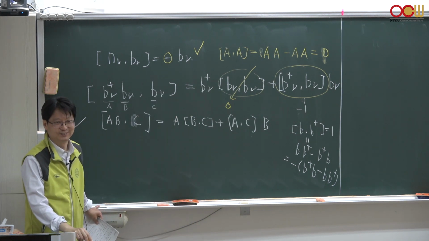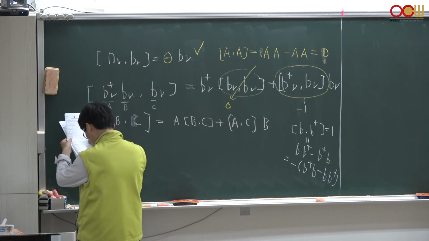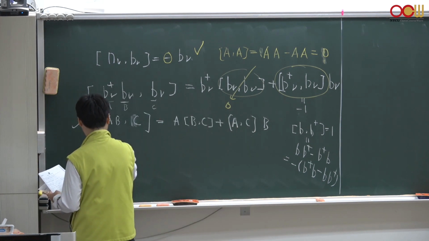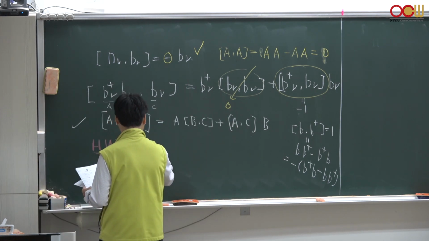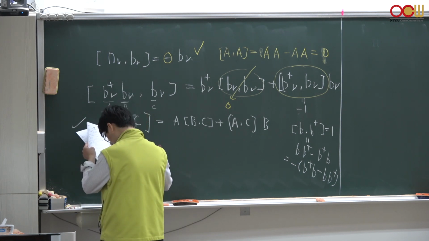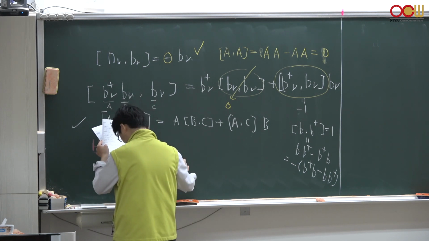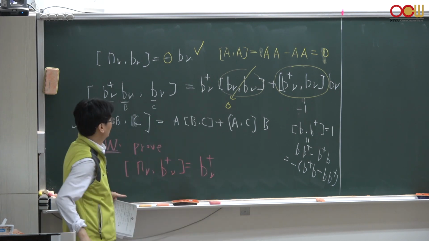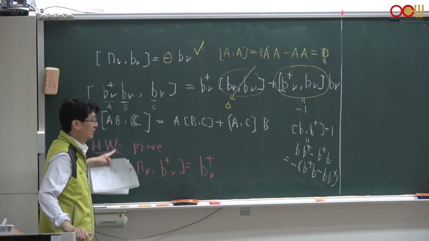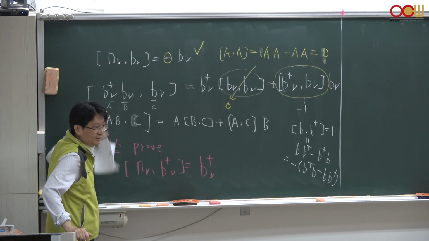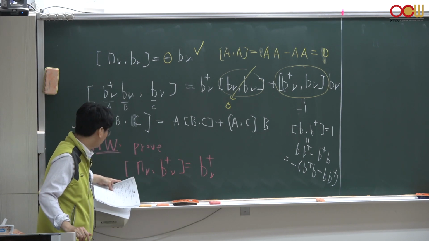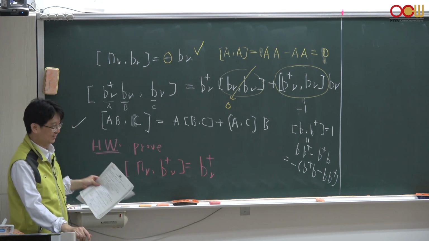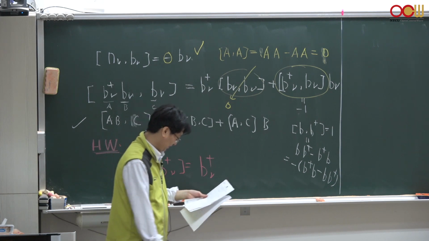Sounds simple, easy. So now is your homework. Your homework is to do the other remaining derivations, prove the other one. So N nu commutator B dagger nu gives you B dagger nu. You follow the same way that you proved the first relation, and it's a piece of cake for you to prove the second relation. This is trivial homework.